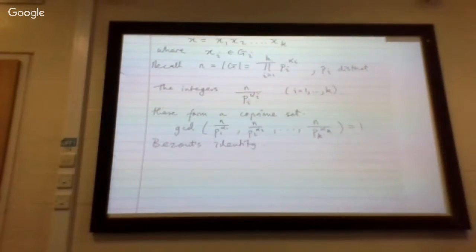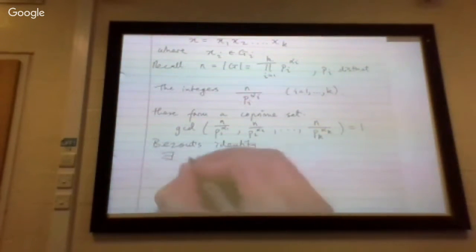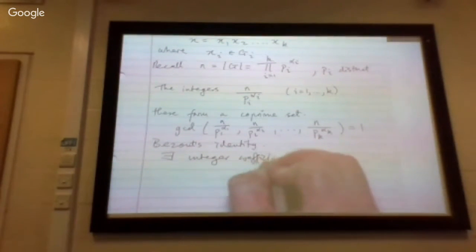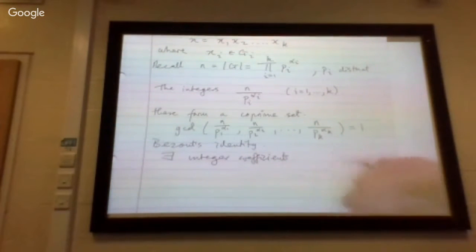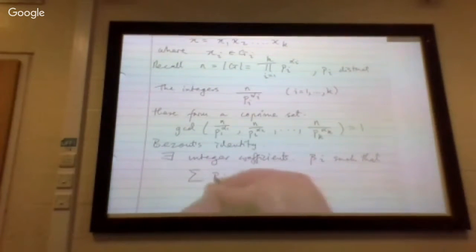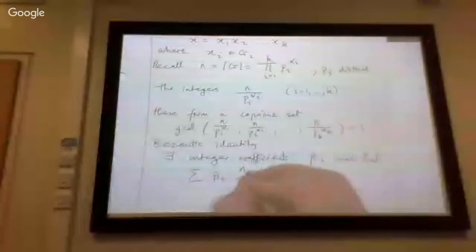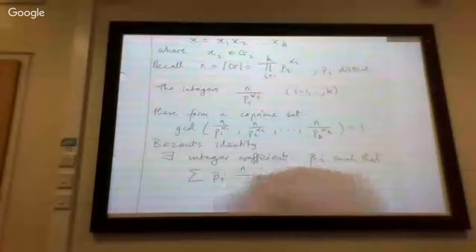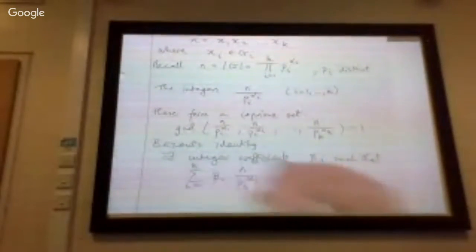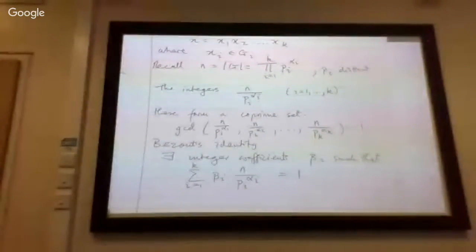So there exist integer coefficients beta i such that the sum of beta i times n divided by pi to the alpha i, this linear combination, can be found that's equal to 1.